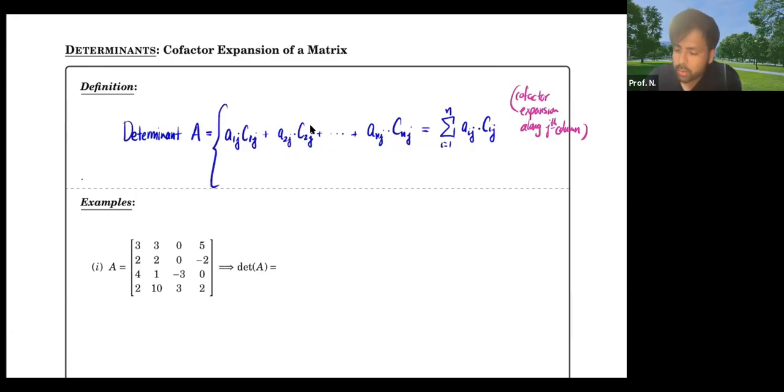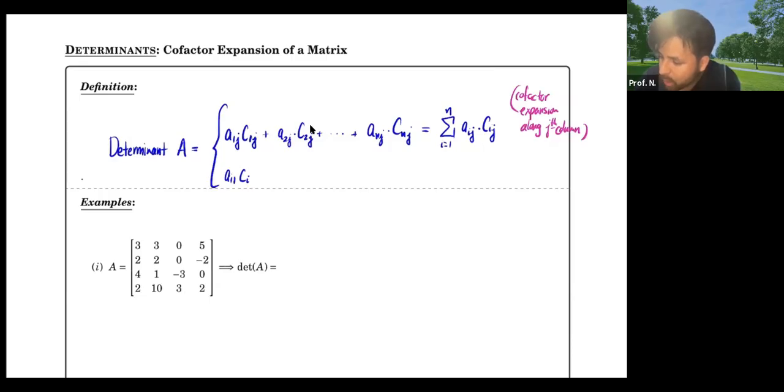Another way to define it is if I go along a row. In this case, the i would be constant. So it would be a sub i1 times C sub i1 plus a sub i2 times C sub i2, plus all the way to a sub in times C sub in.